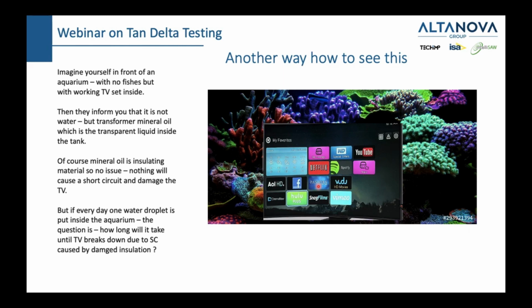Well, that transparent liquid inside was mineral oil. And because mineral oil is an insulator, the TV functioned properly. There was absolutely no problem with insulation, and the TV was functioning okay. But now imagine that you have this situation back home, and every day you put 1 drop of water inside that tank, and then you stir it up.